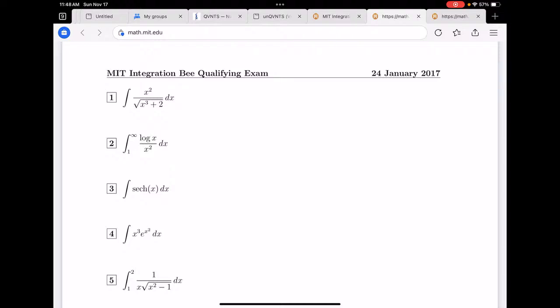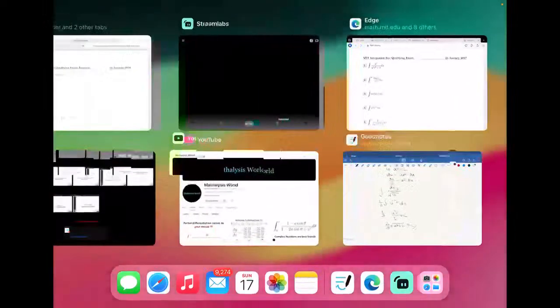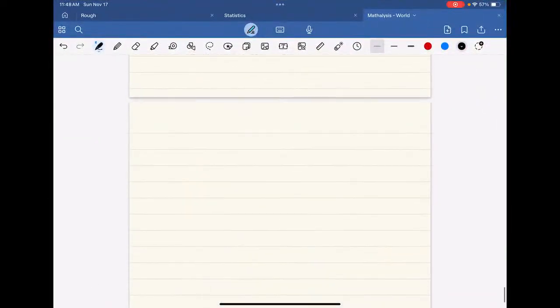Integral from 1 to infinity of log x by x squared dx. Okay, the next problem is the integral from 1 to infinity of log x by x squared dx. Okay guys, now how do you think we should solve this problem?